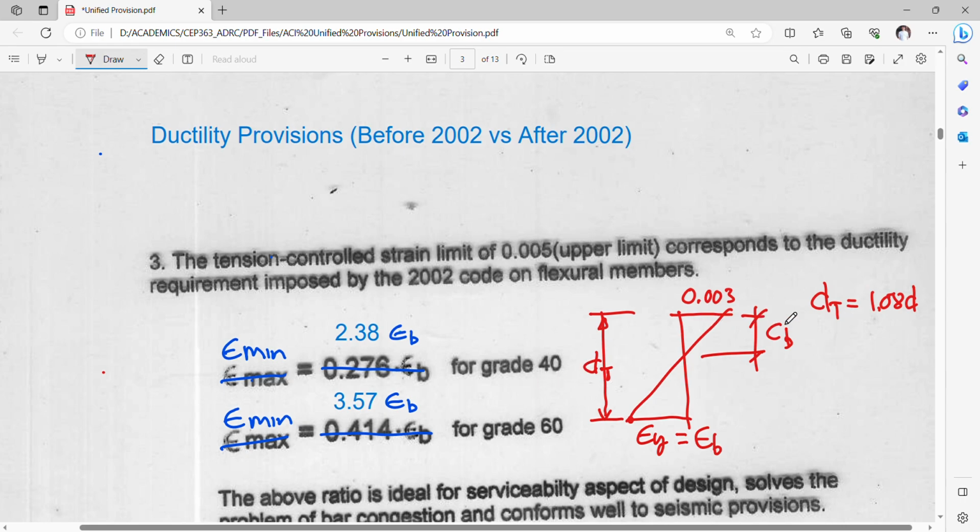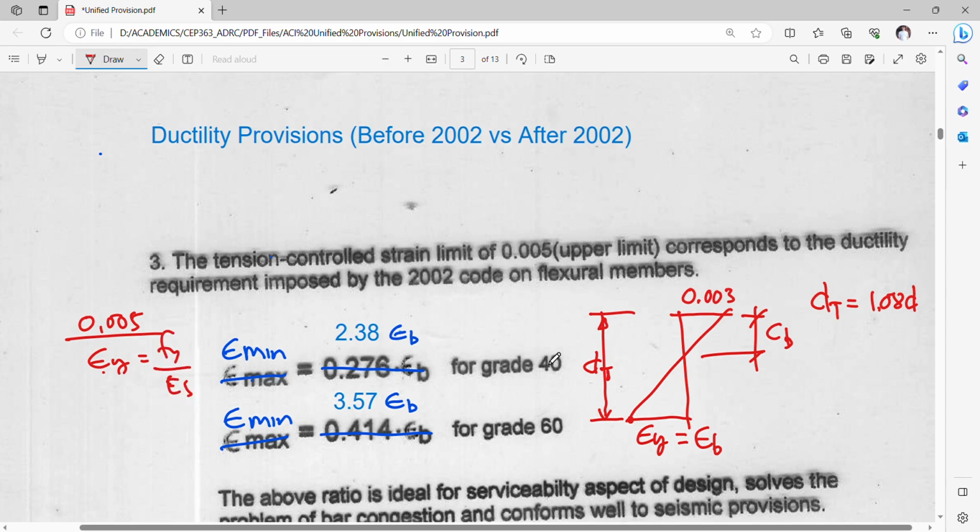Okay, so if I want to get now the minimum, which is 0.005 as your upper limit, I will be making use of a simple ratio of 0.005 and your epsilon balance or epsilon yield. Okay, so this epsilon yield is equal to Fy over Es.